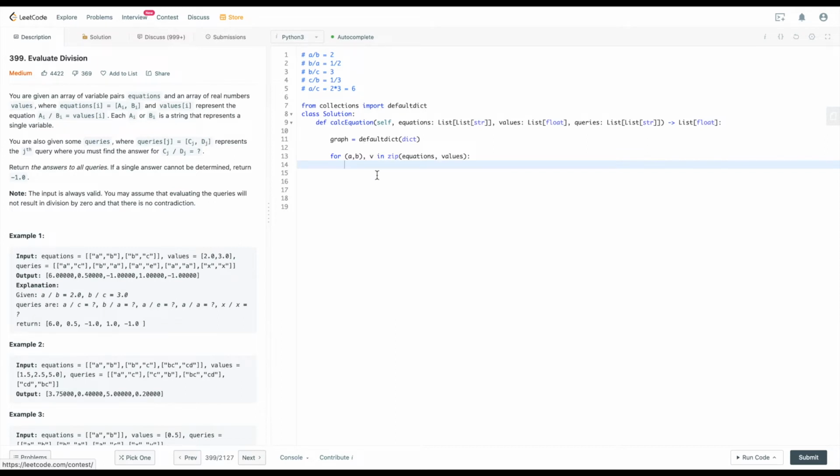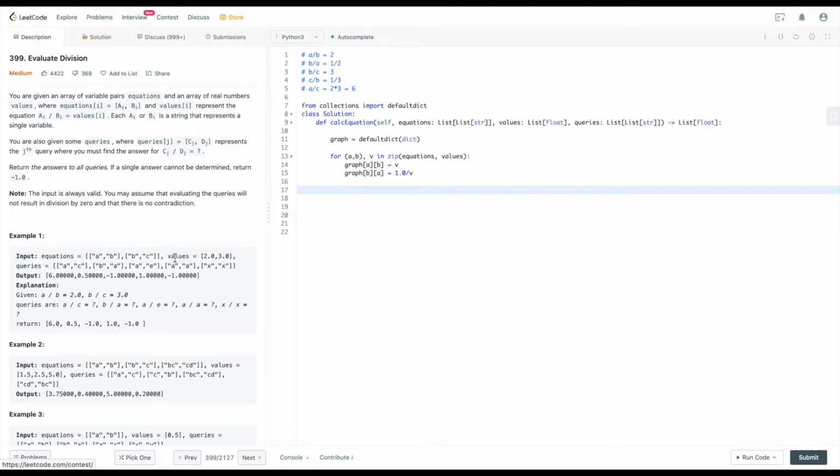So what we can do is graph[A][B] equals V, and then we also know the opposite, right? So graph[B][A] equals 1 over V, because A over B equals a number, and then B over A will automatically equal 1 over that number. And so we're done populating our graph.